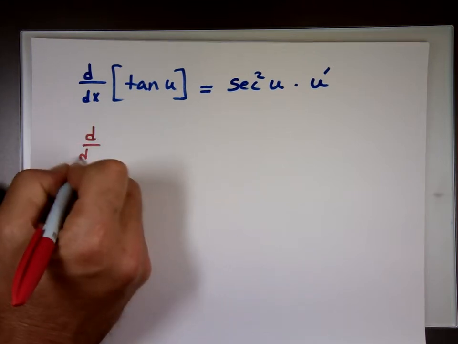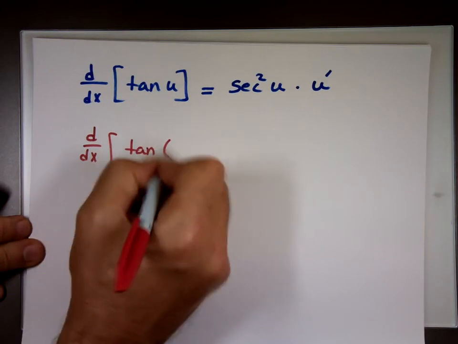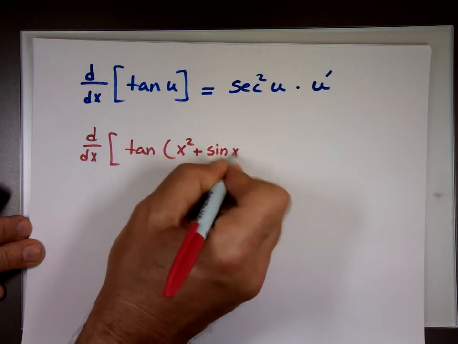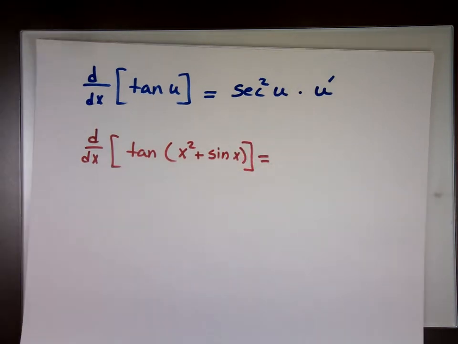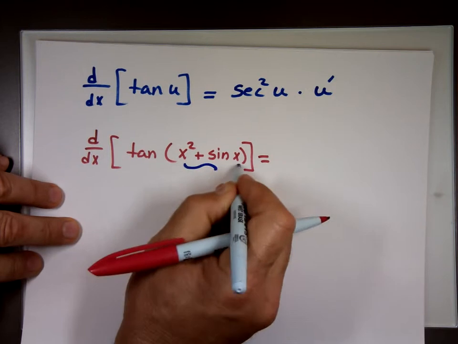What is the derivative of tangent of x squared plus sine of x? Then make sure you memorize them. Derivative of tangent is what? Again, this is my u here.